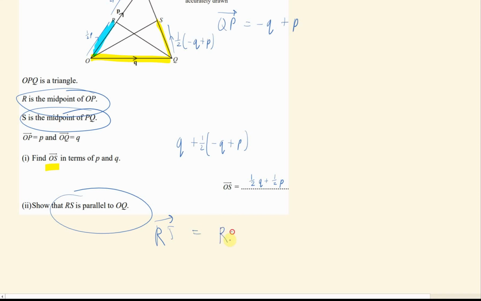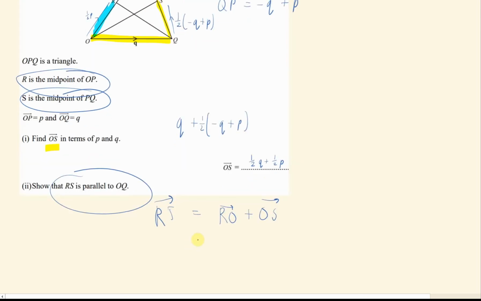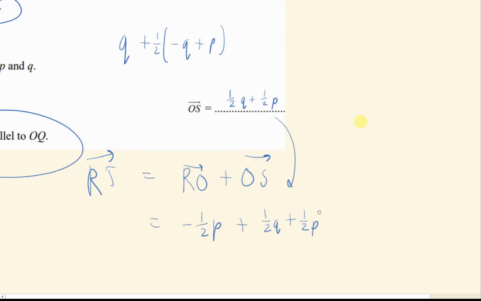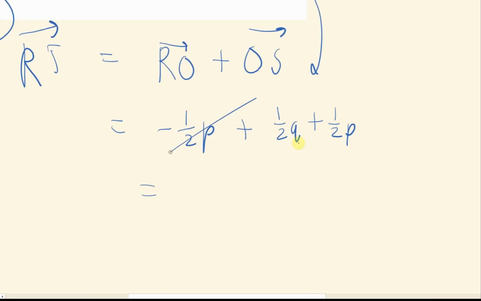So it's going to be go from R to O, and then go from O to S, which I've just worked out in part A. Going from R to O is just minus a half p, and going from O to S, we have over here, is a half q plus a half p. Simplifying that down, these two cancel out, I'm just left with a half q.